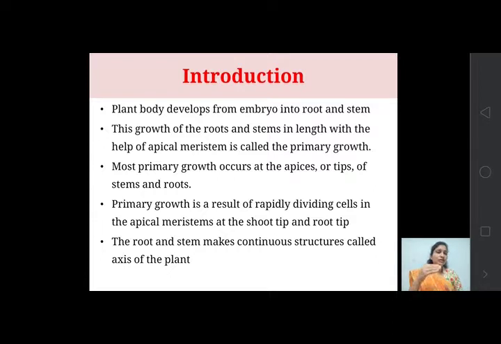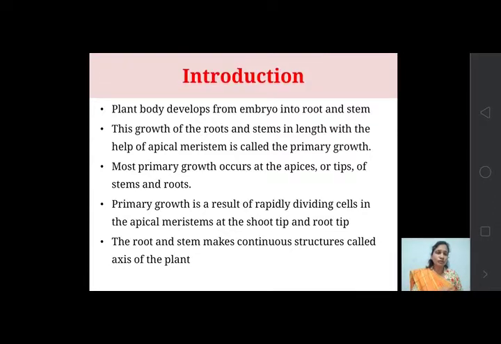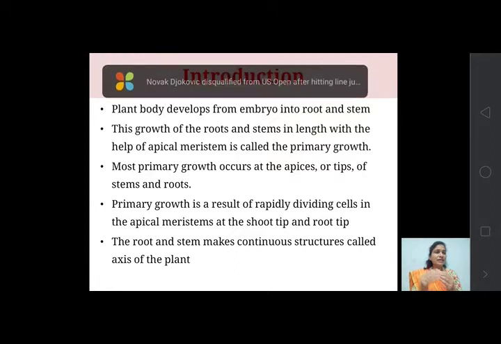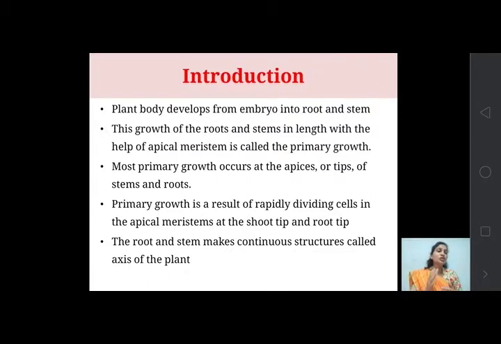The growth of the shoot takes place by the apical meristem present at the tip of the shoot, and the growth of the root takes place by the activity of the meristematic tissues present on the apical part of the root. So these apical meristematic tissues are responsible for the growth in length of root and shoot.